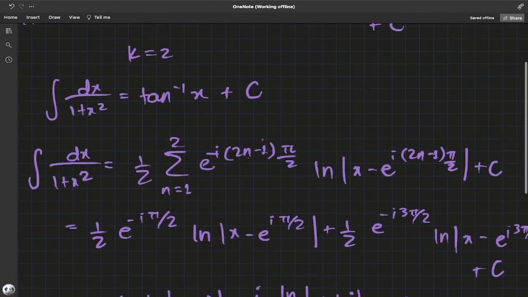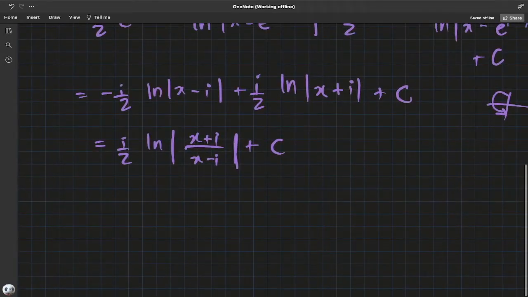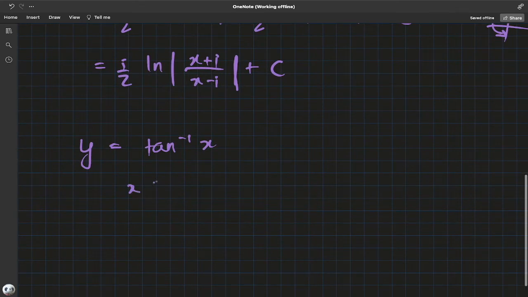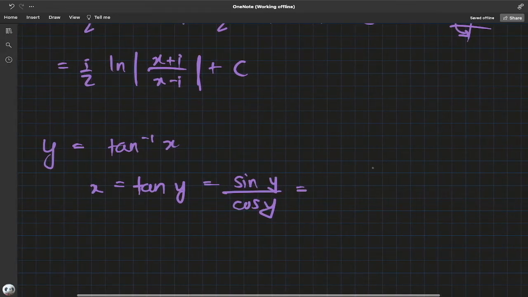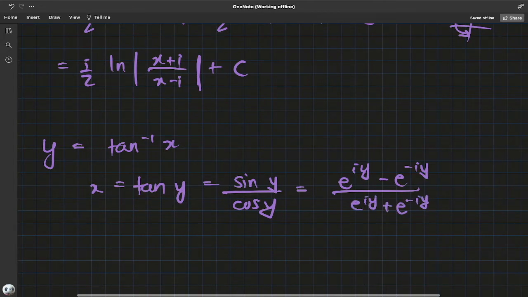The concern is that we have an inverse tangent here and we have a natural log here. So how do we deal with that? It's simple. Set y equals inverse tangent of x. Then x is tangent of y. Well, tangent is sine over cosine for the same angle. Use Euler's identity. Notice the 2's will cancel out because we had them in the ratio.